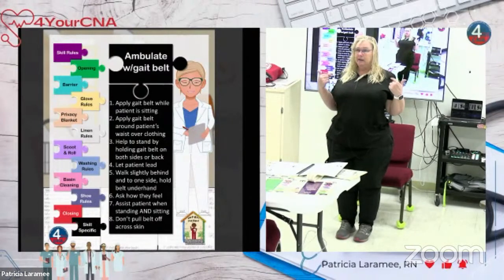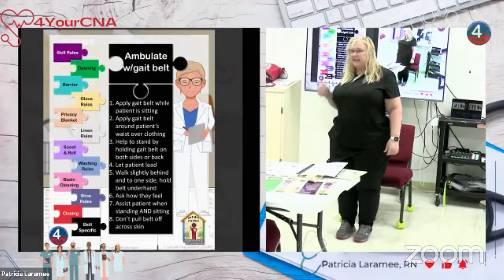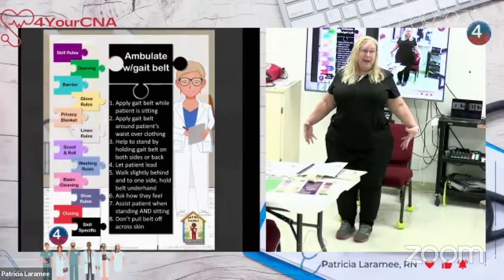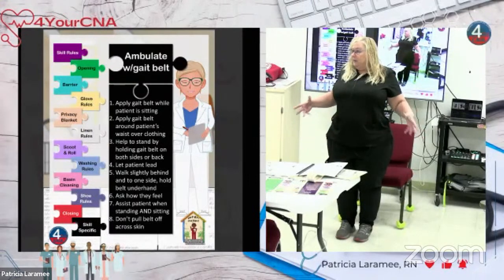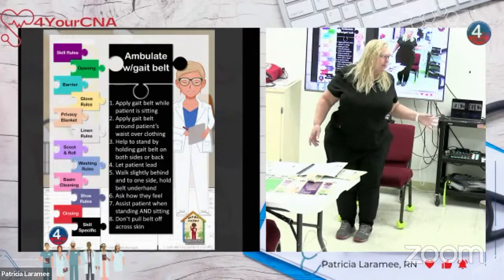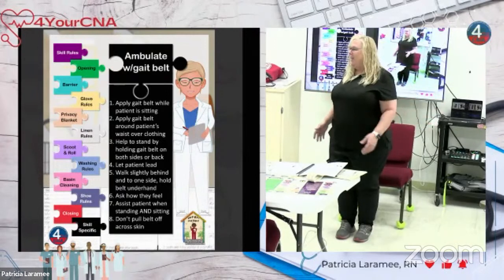Do I know that? No, because I'm not facing the chair. I have no idea it's there. That has happened to almost every single one of your patients at one point. So when you try to sit them, they're going to get all stiff on you and all non-compliant. We like that word, non-compliant. There's no such thing as a non-compliant patient.